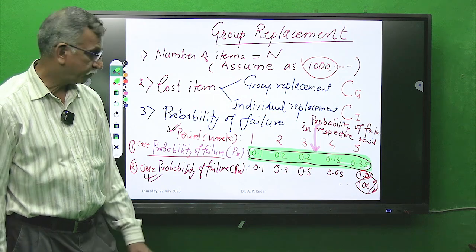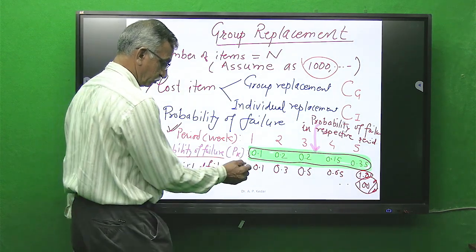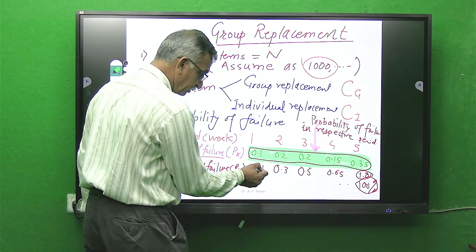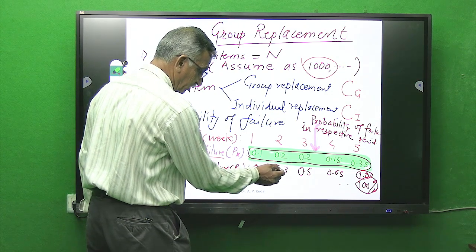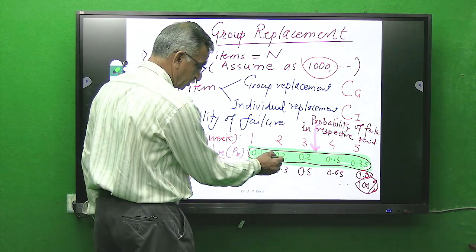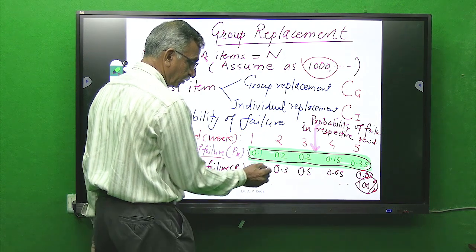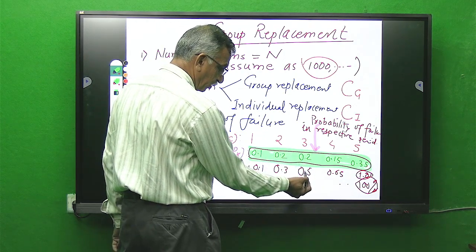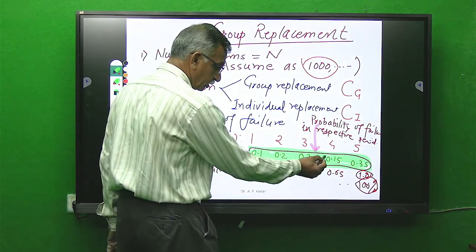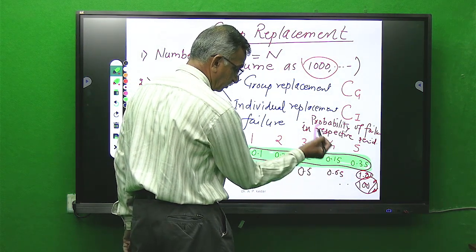Very simple. Write the first as it is, then second minus first: 0.3 minus 0.1 is 0.2. This is the result of 0.5 minus 0.3, 0.2. This is the result of 0.65 minus 0.5, 0.15.